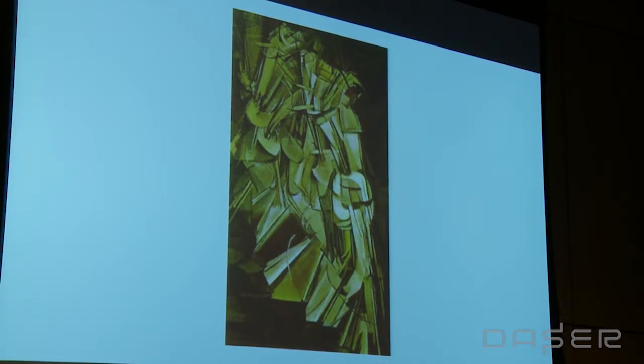Duchamp is most famous, as you probably remember, for this picture called Nude Descending a Staircase, which, in fact, made him become the kind of artist he was, because he wanted to exhibit this in Paris, and they were offended by the fact he called it nude, and so he withdrew it from the exhibition and brought it to the United States.